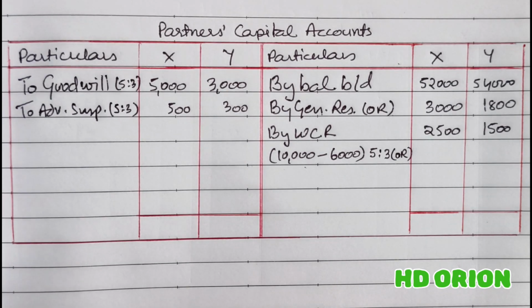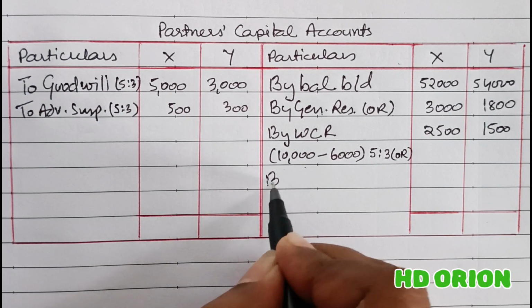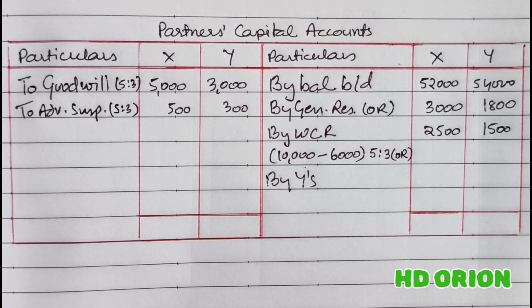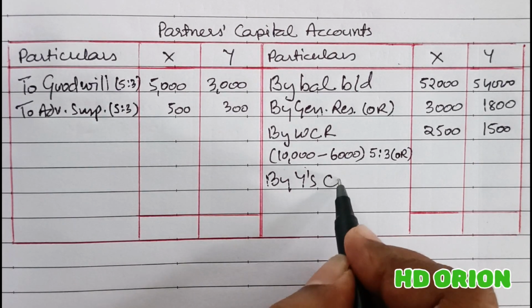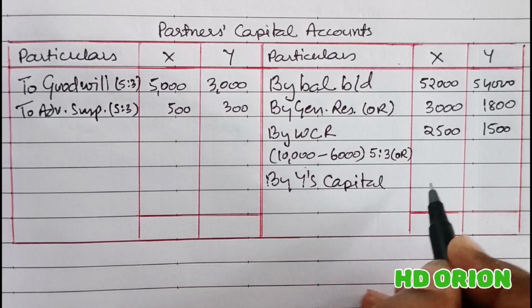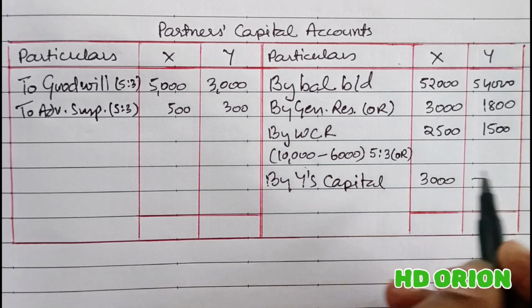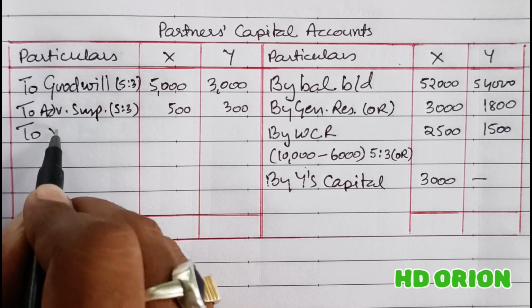Now treatment of goodwill, in which who has gained, X has sacrificed. So X has sacrificed. So by Y's capital account, rupees 3,000, and here to X capital account.